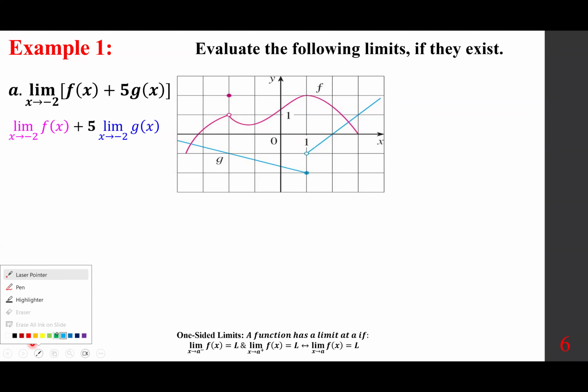So this is negative 2. As we want to find this, we're going to look at each piece, limit of f of x as x approaches negative 2. So we are approaching negative 2 from the left and right. And for the red function, f of x, also from the left and right, it moves us towards this point, which has a y-coordinate 1.